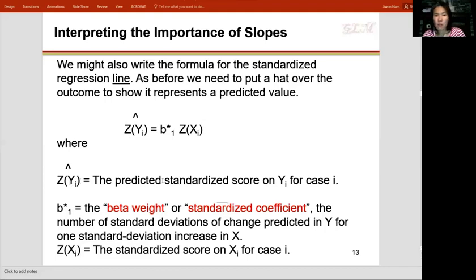Zy hat is the predicted standardized score on y for case i. B1 star is the beta weight or standardized coefficient, meaning the number of standard deviations of change predicted in y for a one standard deviation increase in x. Zx is the standardized score on x for individual i.